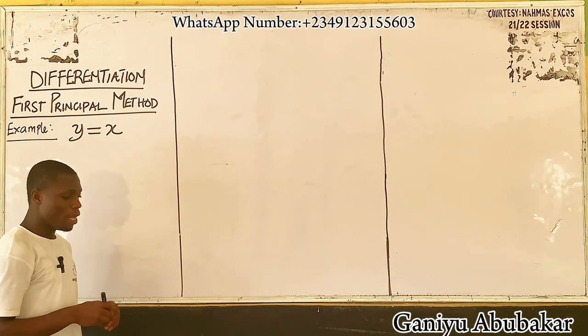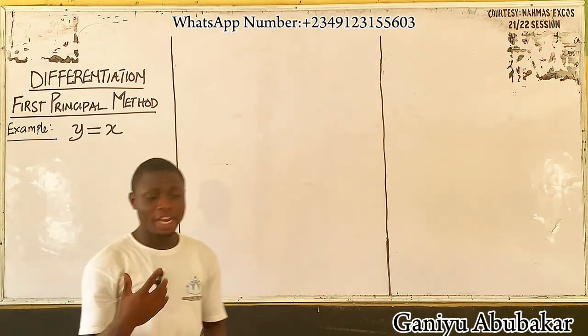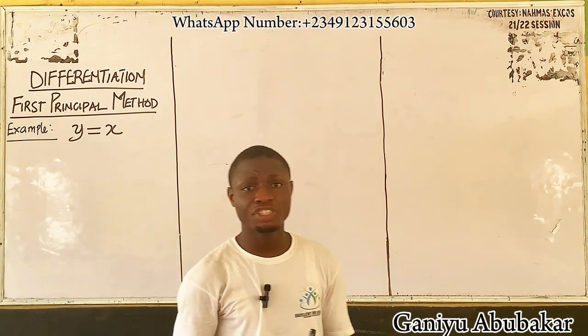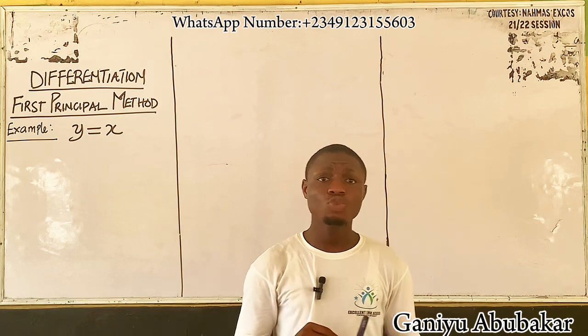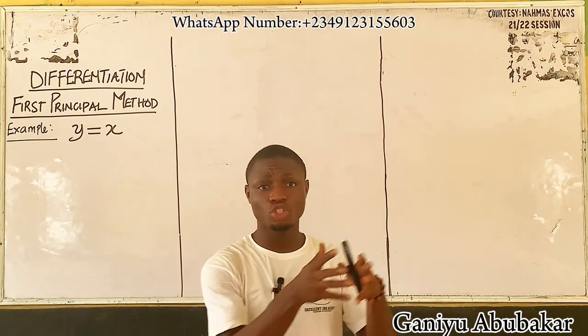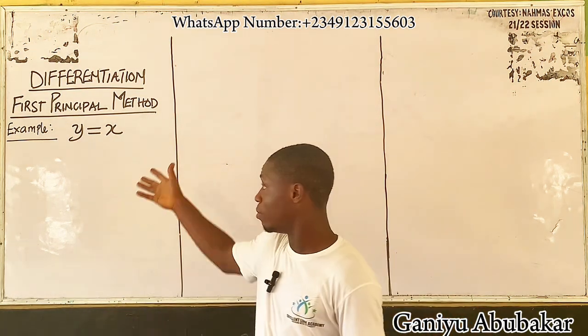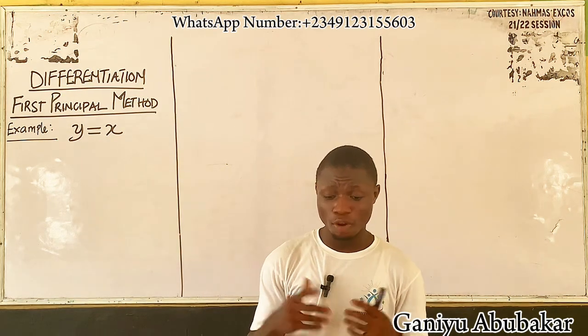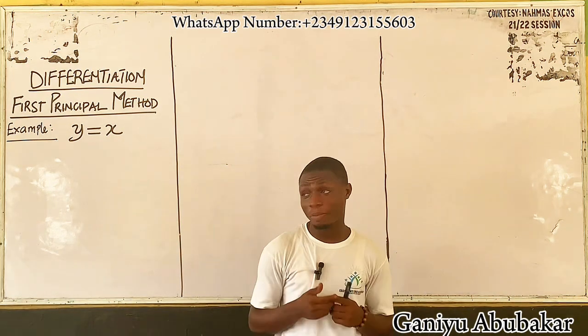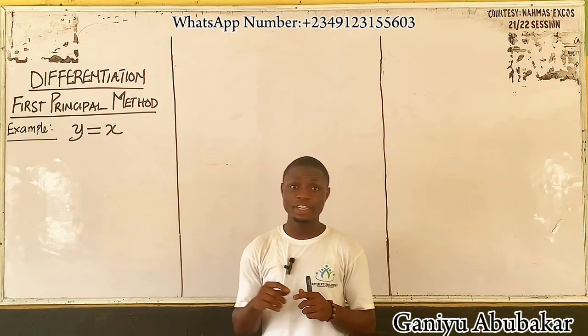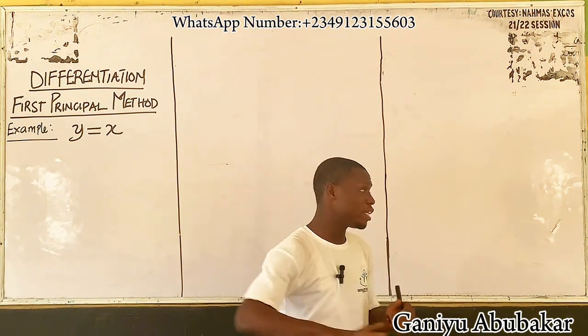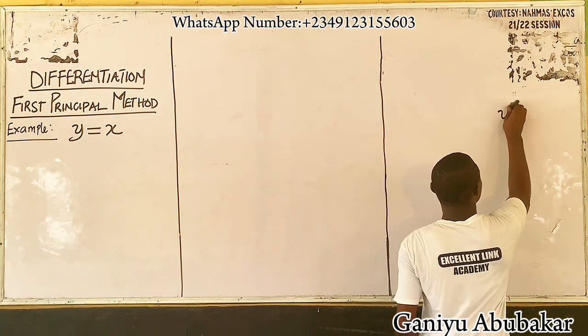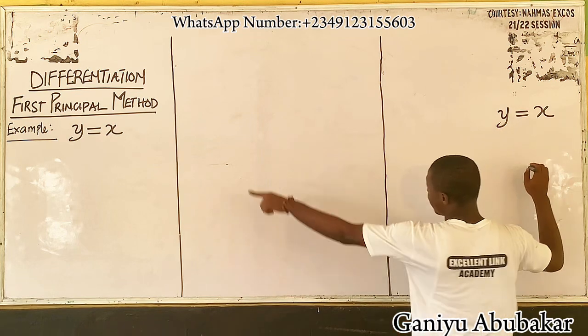Before I use first principle here, let's do a quick recap on the general method. The general method is simply a shortcut, while first principle is a long procedure, a long cut per se.